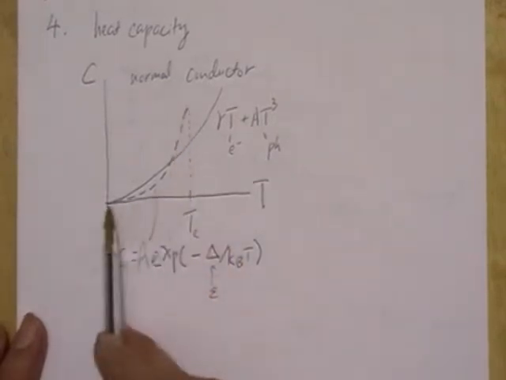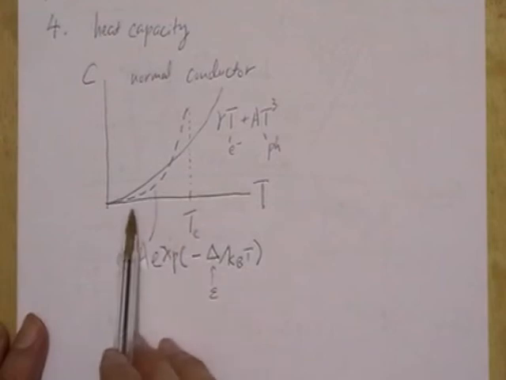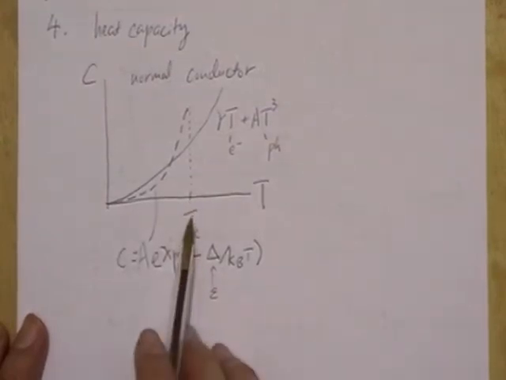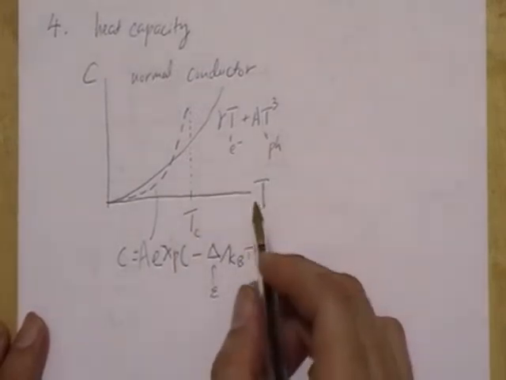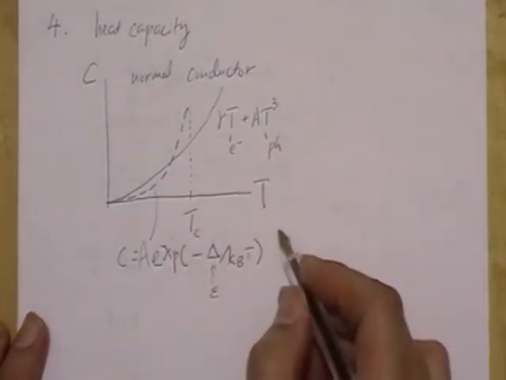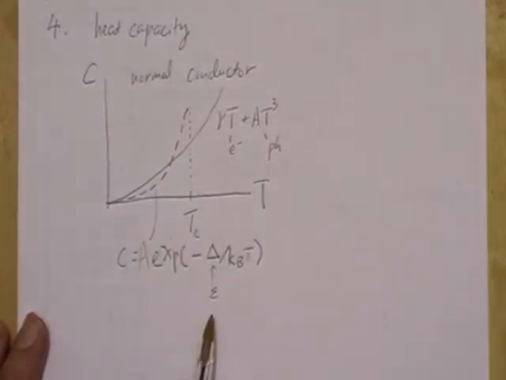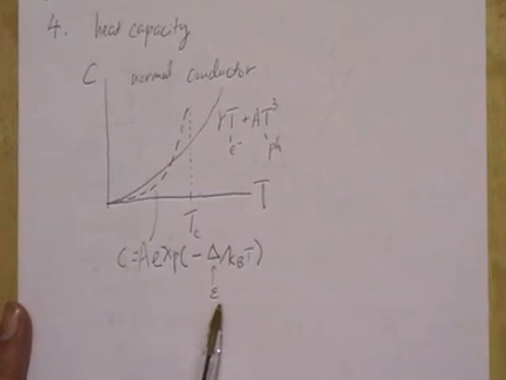So what this seems to suggest is that below Tc, below the transition temperature, there is something in the superconductor that makes the electrons behave as if they follow some kind of Boltzmann distribution.